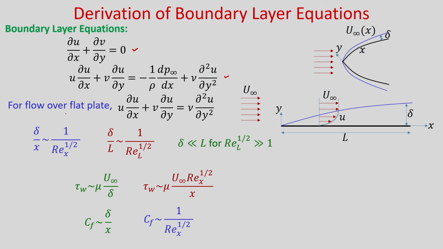And for a special case when we consider flow over flat plate, then the free stream velocity u infinity is constant. So, this we can simplify dropping the term dp infinity by dx.